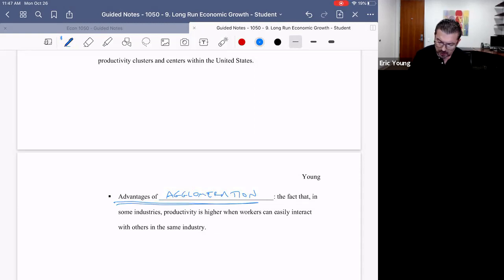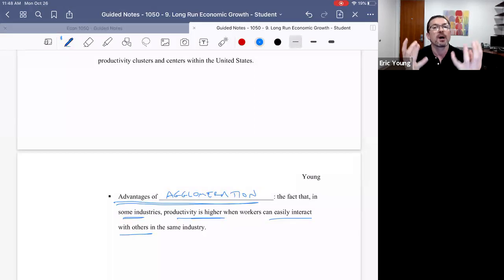What this refers to is the fact that, at least in some industries, productivity goes up when workers within one industry, even workers in different firms, can easily interact with others in the same industry, even competitors. When people within that industry are around others in that industry, there's going to be some gains in productivity.